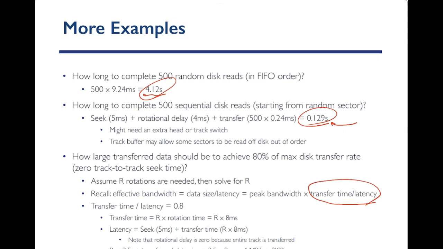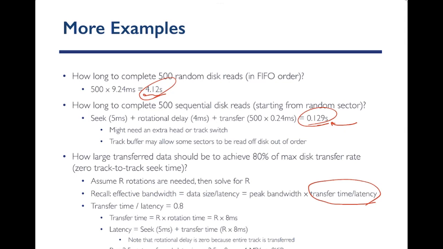So right after we get to the track, we start transferring. So we're just paying the seek time, and then the moment we get to the track, we start transferring. And the transfer time is basically the rotation time. And while we're rotating, we're also sending data. So our transfer time is our rotation time this time.